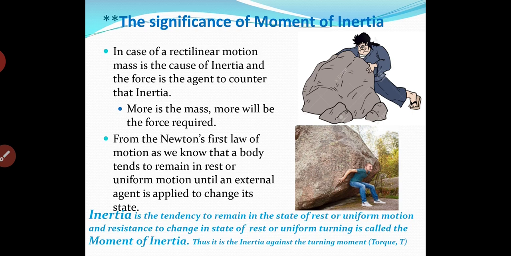An external force is required to change the state from rest to motion, or if the body is in motion, then acceleration or deceleration is required. For that you require an external agent in the form of force.